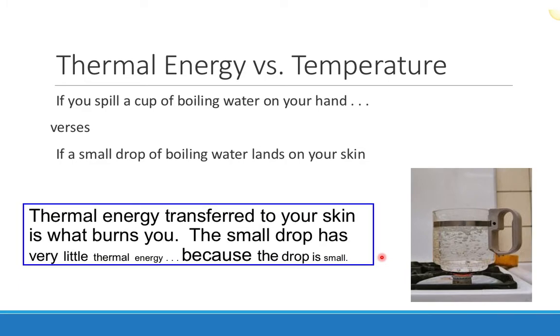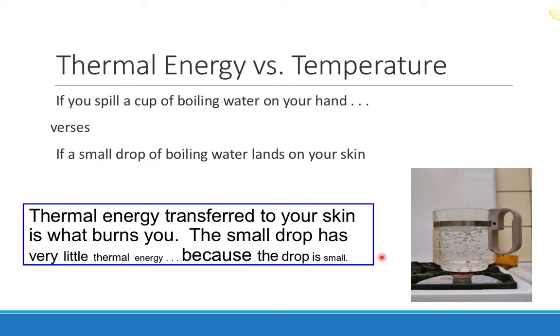And so the thermal energy is actually what's transferred to your skin, and it's what burns you, not so much the temperature. So the small drop has very little thermal energy. It has a very small amount of mass, a very small number of molecules, so a very small amount of thermal energy, and that's because the drop is small, right?